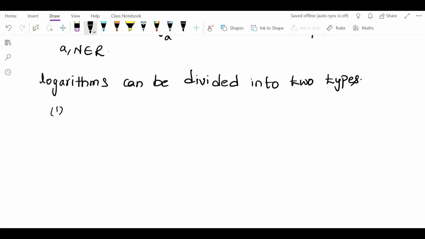One is natural logarithm, another one is common logarithm.